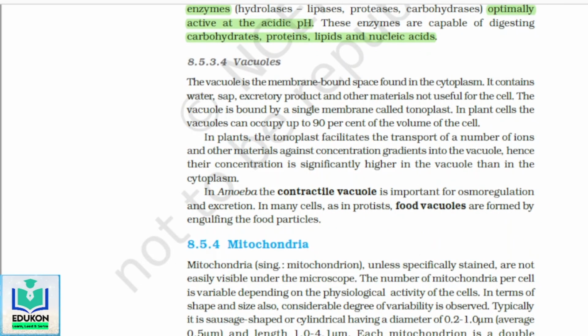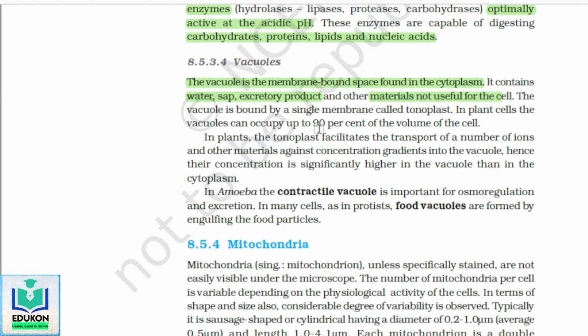Coming to vacuoles. A vacuole is a membrane-bound space found in the cytoplasm. It contains water, sap, excretory products, and other materials which are not useful for the cell.